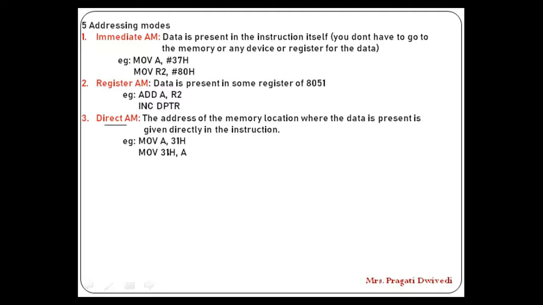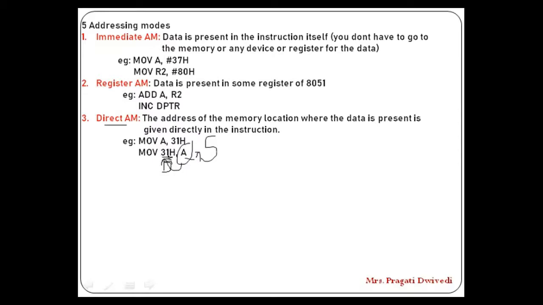But what is this instruction doing? A is your source. I said whatever is on the left is your source, and whatever is on the right becomes your destination. So whatever is there in A, you have to move that data into the memory location whose address is 31h.